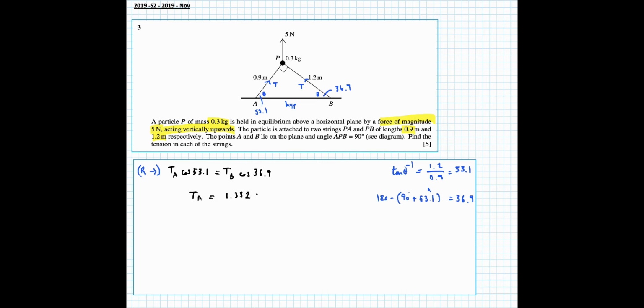We'll leave that there and we'll do the vertical component.